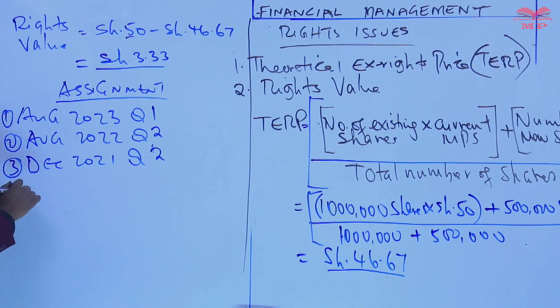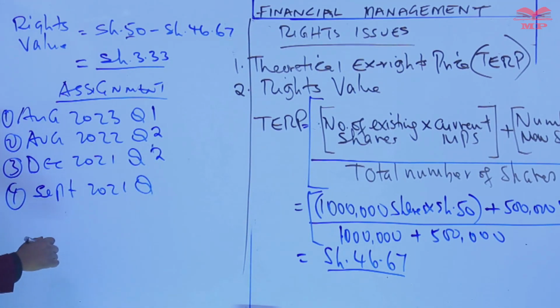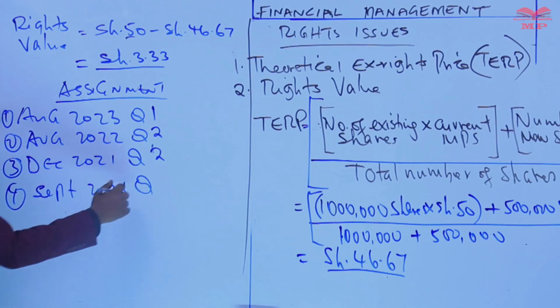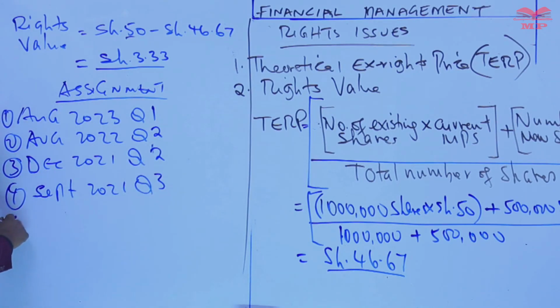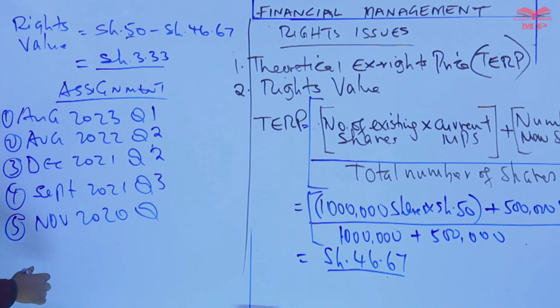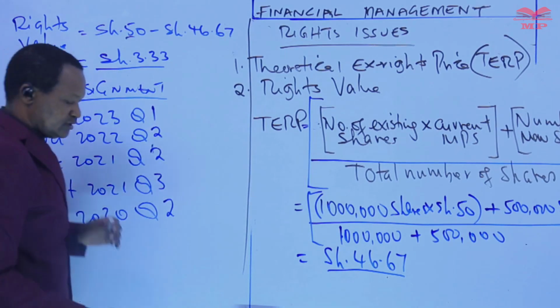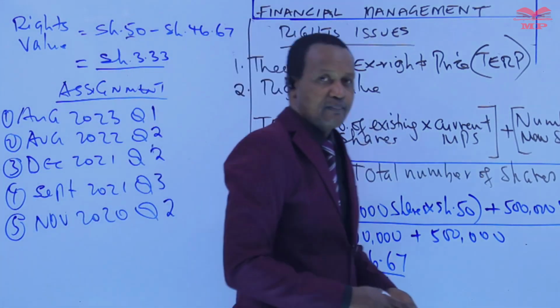Number 4, we have September 2021, question number 3. Number 5, November 2020, question number 2. Please attempt those questions.